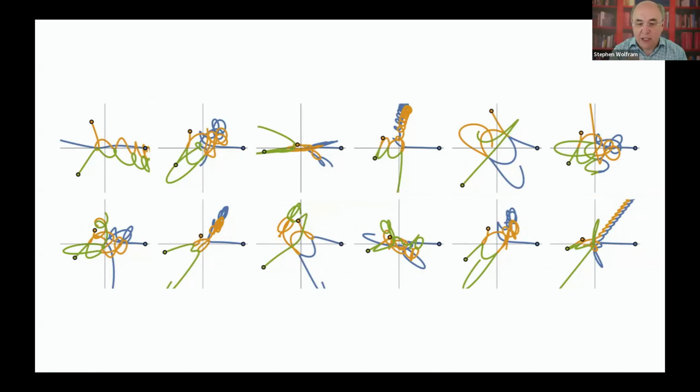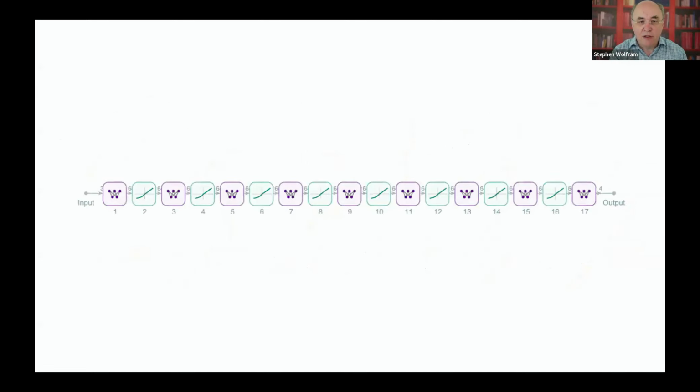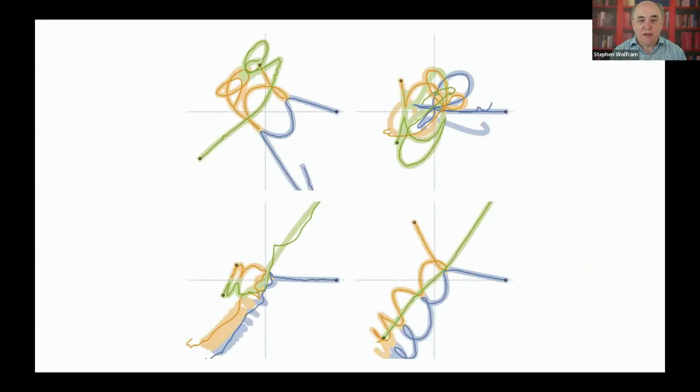This is just the gravitational three-body problem. Here is a simple neural net trying to predict it. And what you find is that when the three bodies are doing simple things, it does quite well. When they're not, it doesn't.